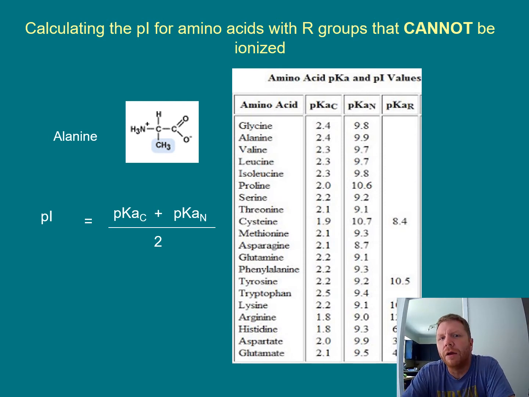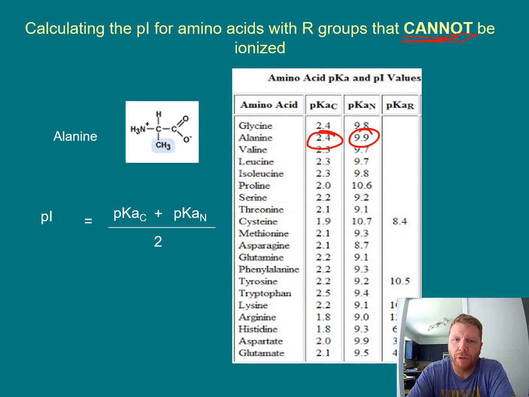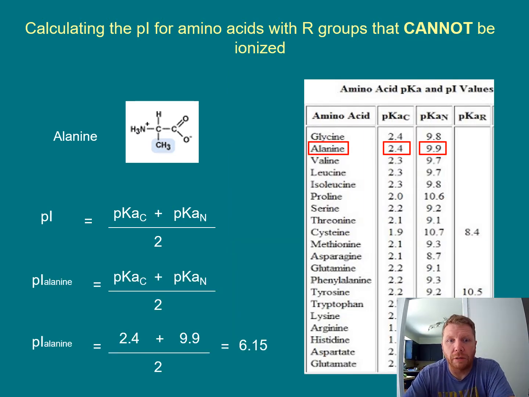So first, let's go with a diprotic amino acid. Calculate the pI for amino acids with an R group that cannot be ionized. Well, that would be pKaC and pKaN, the only 2 ionizable groups, the only 2 pKa's on that molecule. For something like alanine, you would take 2.4 and 9.9, add them up, and divide by 2. 2.4 plus 9.9 divided by 2 is 6.15.